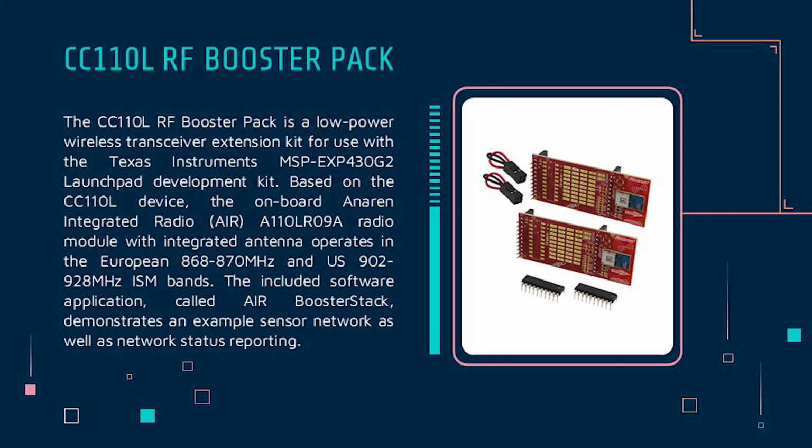Coming to CC110L RF Booster Pack. The CC110L RF Booster Pack is a low-power wireless transceiver extension kit for use with the Texas Instruments MSP-EXP430Z2 Launchpad Development Kit. Based on the CC110L device, the onboard Anaren Integrated Radio AIR A110LR09A radio module with integrated antenna operates in the European 868-870 MHz and US 902-928 MHz ISM bands.